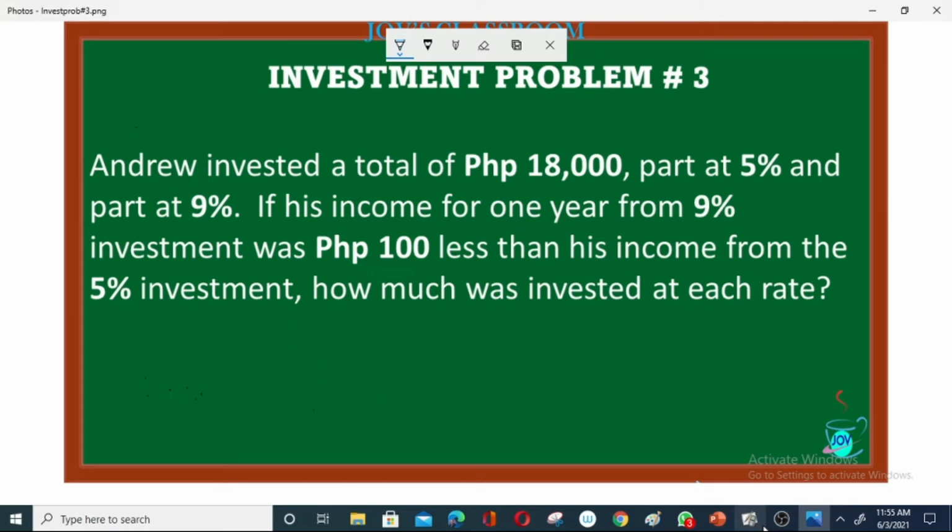So I'm using again the variable x to represent it. Of the 18,000, he invested part at 5%, and the rest will be at 9%. So therefore, x will be assigned at 5%.